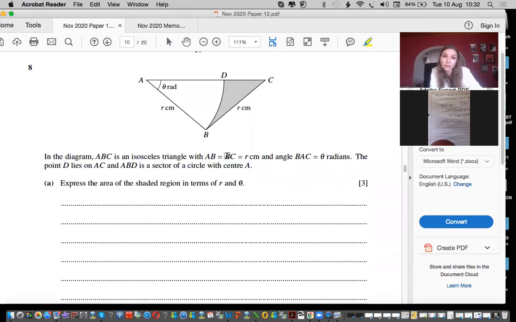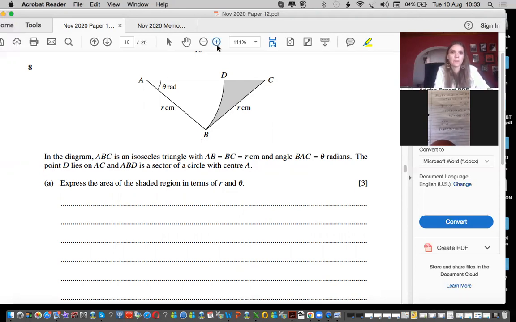Perimeter of the shaded region. Okay, so I already have BC. Great, that's just 10. I would love to know this little section there. So let me just make a plan here. Perimeter will equal BC plus DC plus arc BD.